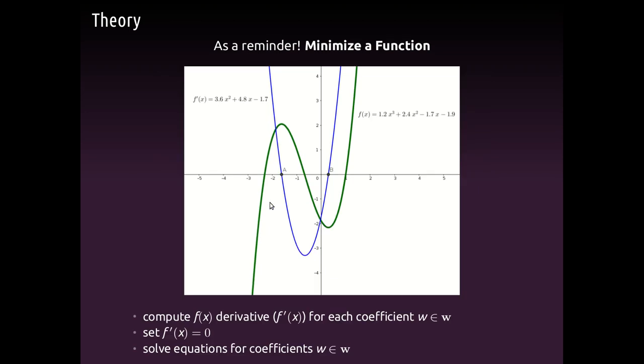So officially the procedure is to compute the derivative of f of x, so f dash of x in our case, for each coefficient w in the vector of coefficients, and secondly to set f dash of x equal to 0, and after obtaining the system of equations, we solve this set of equations to obtain the values of coefficients such that we obtain our required linear function.